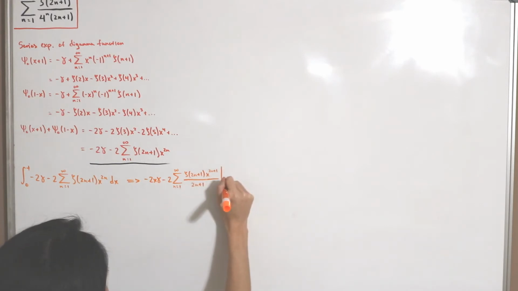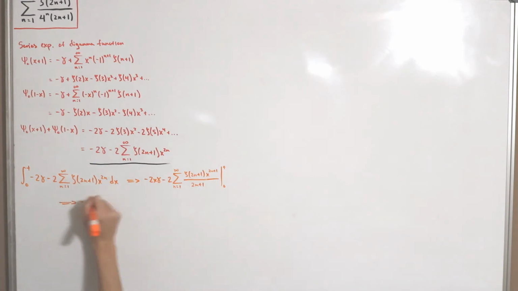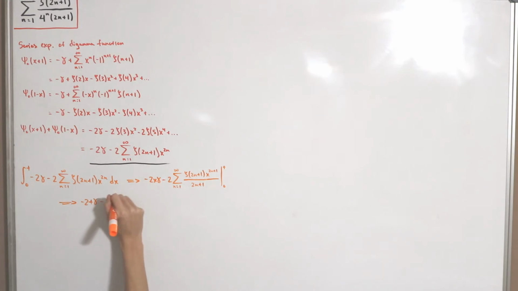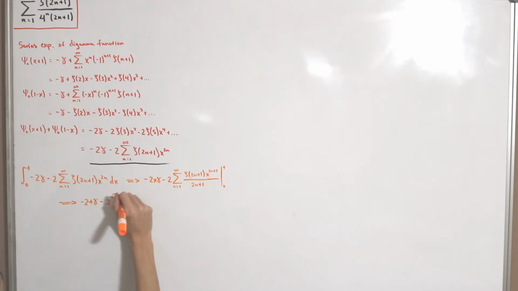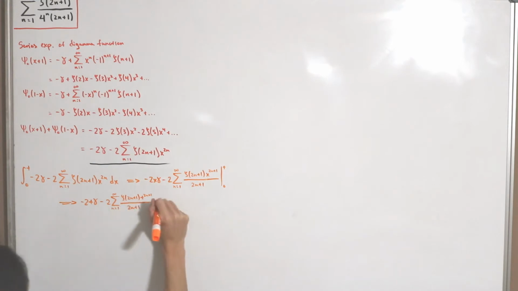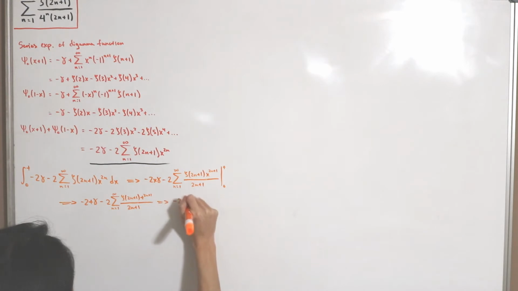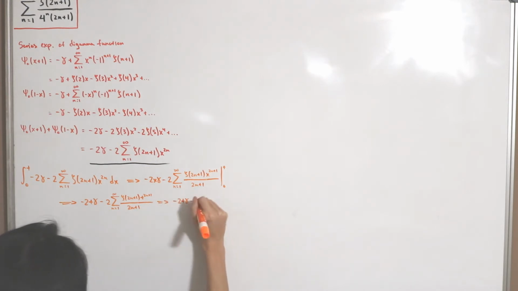Then we evaluate this from 0 to t, which gives negative 2t gamma, minus 2 times the infinite series of Riemann-Zeta 2n plus 1, t to the power 2n plus 1, divided by 2n plus 1. I can simplify this a little bit: negative 2t gamma, and then minus 2.